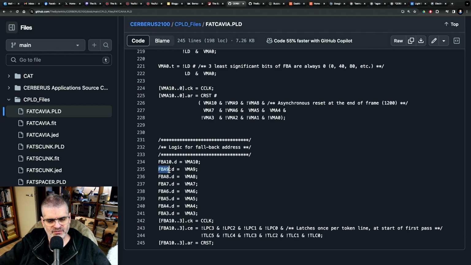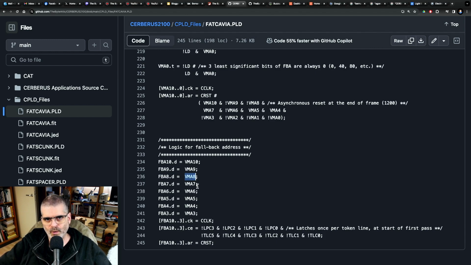Fallback address 9 flip-flop will be wired to video memory address 9, and so on and so forth. In other words, when these flip-flops are clocked, they will store the value in these address lines here. Flip-flop 9, when it's clocked, will latch the value of video memory address 9. Flip-flop 8, when clocked, will latch the value of video memory address 8. So you're basically latching a video memory address.